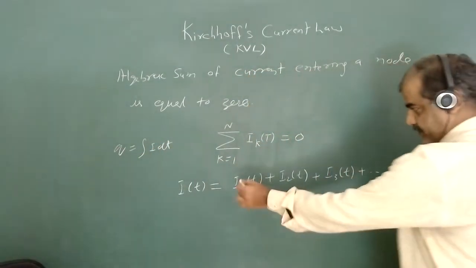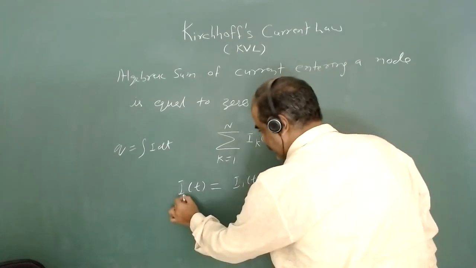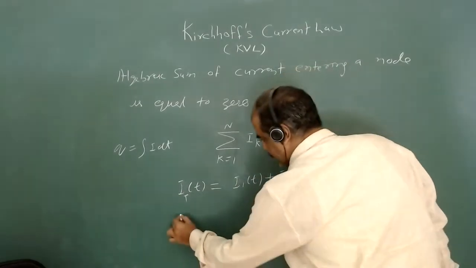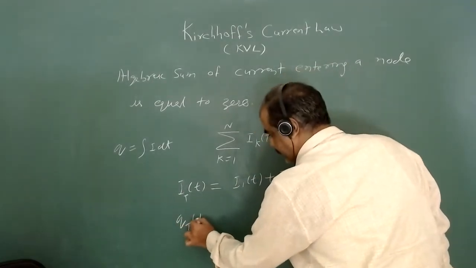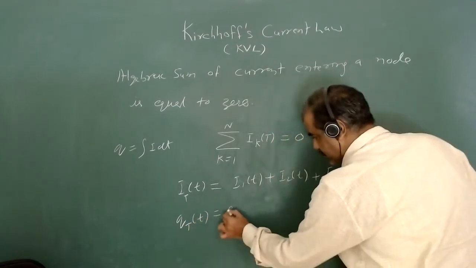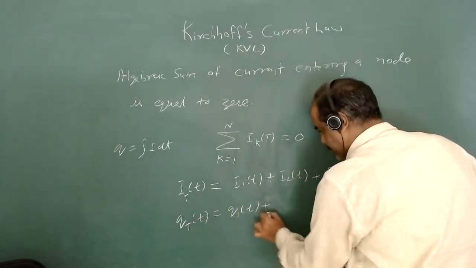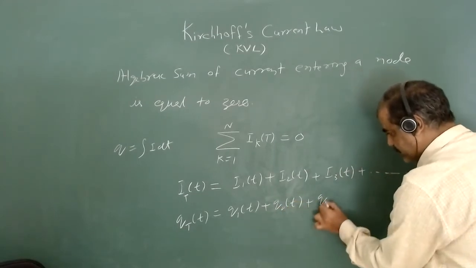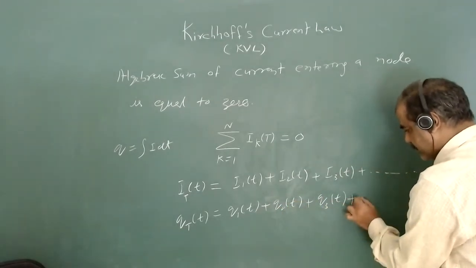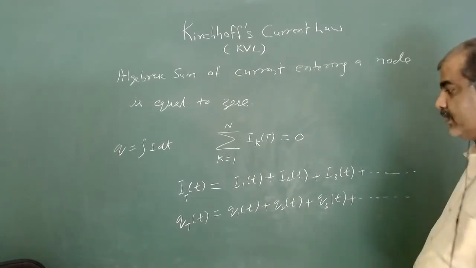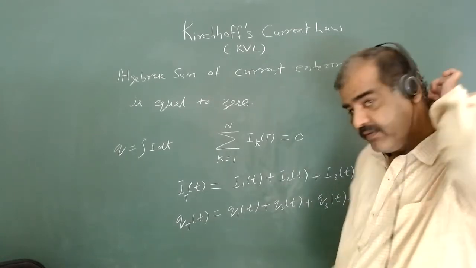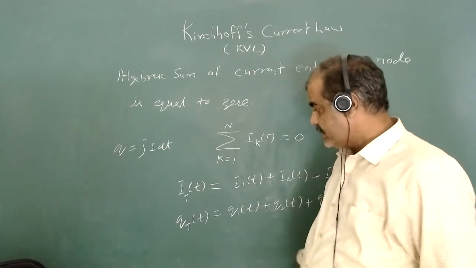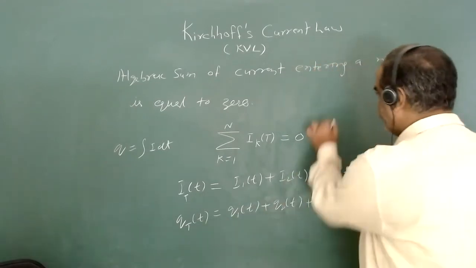If I integrate this expression, this is the total current, so I'll get total charge Q(t) equal to Q1(t), Q2(t), Q3(t) and so on.